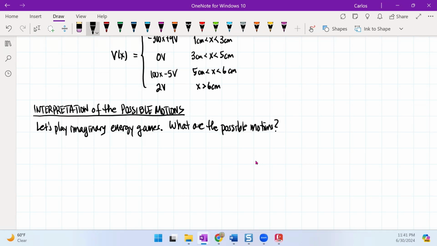Now, to put this into perspective and using energy, what we want to do here is rewrite the potential field into electrical potential energy, delta U of X.